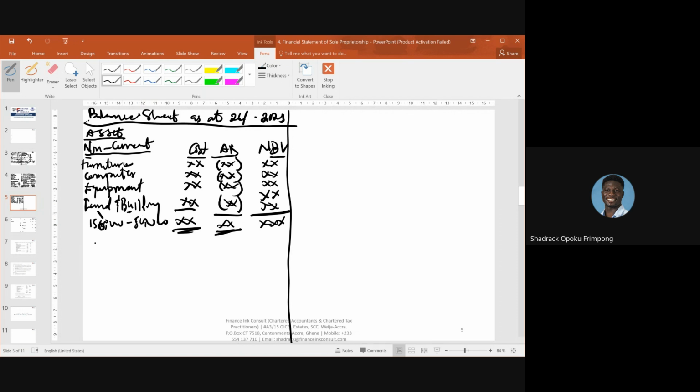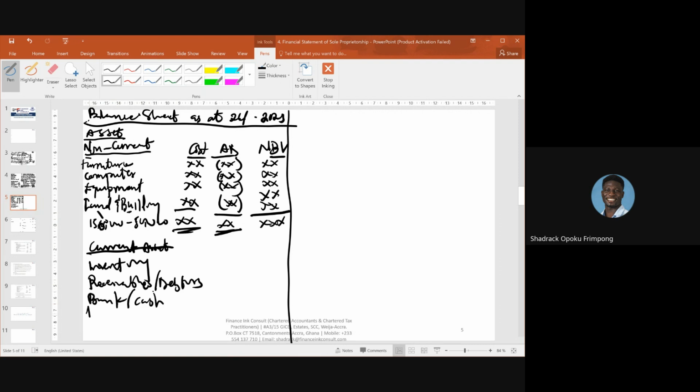Okay, so we now move to our current assets. So our current assets, we mentioned inventory. We mentioned receivables, also known as our debtors. We mentioned our bank balance and cash.